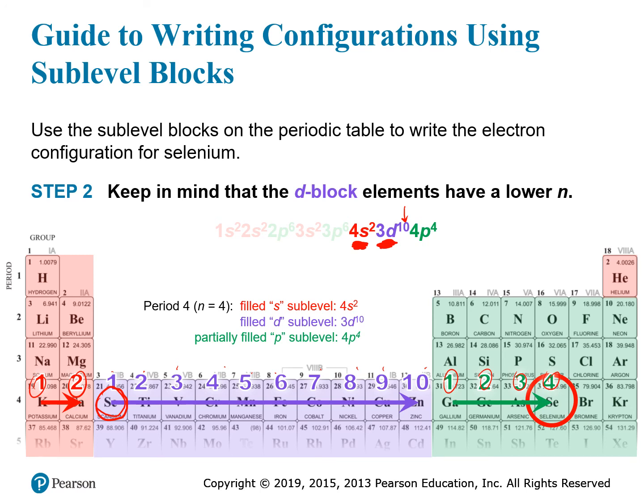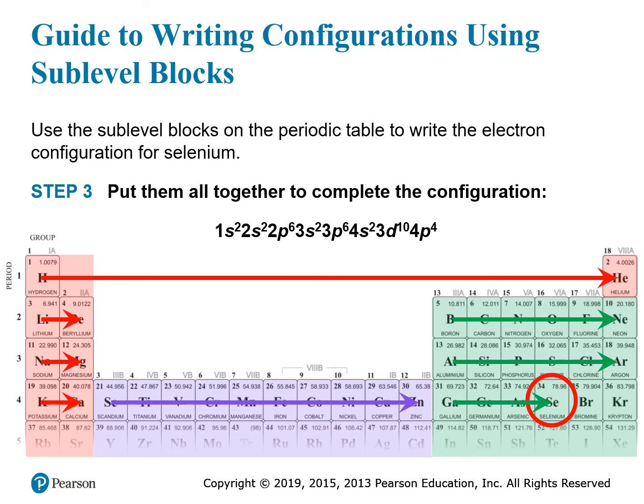Again, we're going back to the p block, so our n value once again matches the row number, which is 4, but we're in the p block, so it's 4p, and we're counting 4 columns in to get to selenium. So this last sublevel, the 4p sublevel, only gets 4 electrons. It has room for 2 more, right? 1 more would put you at bromine, 2 more would put you at krypton, but we don't have those, we only have these. So at this point, we're done.